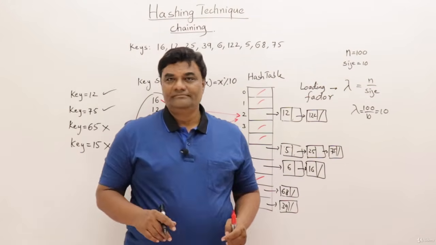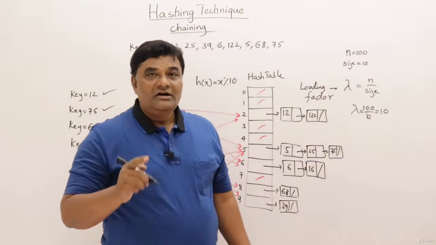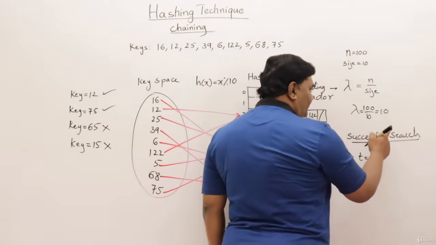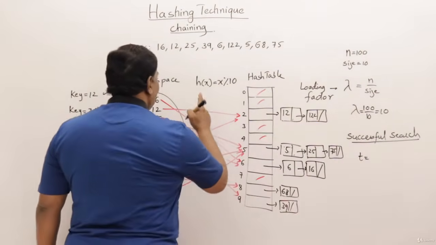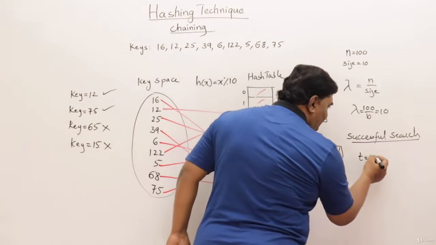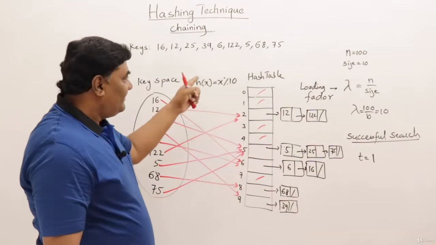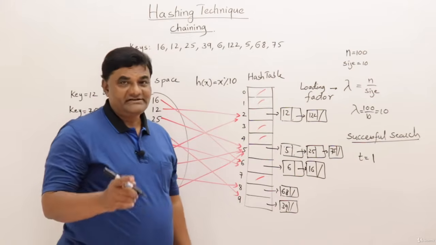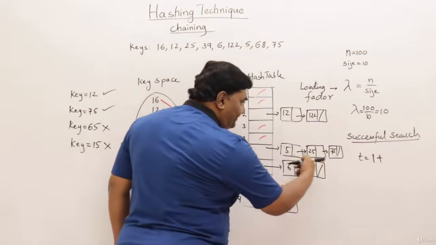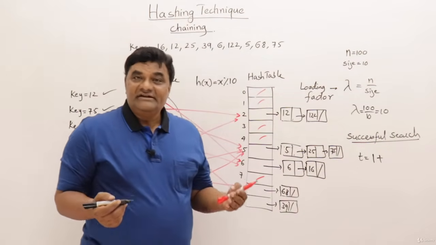Now let us see the time taken for a successful search. First of all, we use the hash function for getting the index, and that takes constant time, 1. Second, we have to search in that particular chain, that particular linked list. What could be the average time?